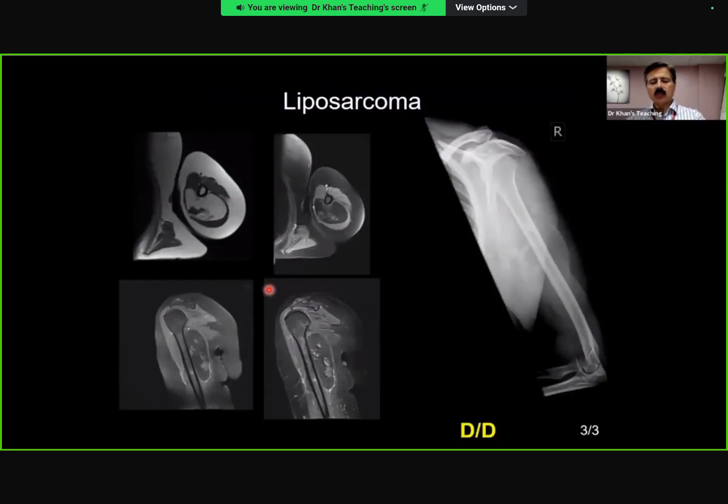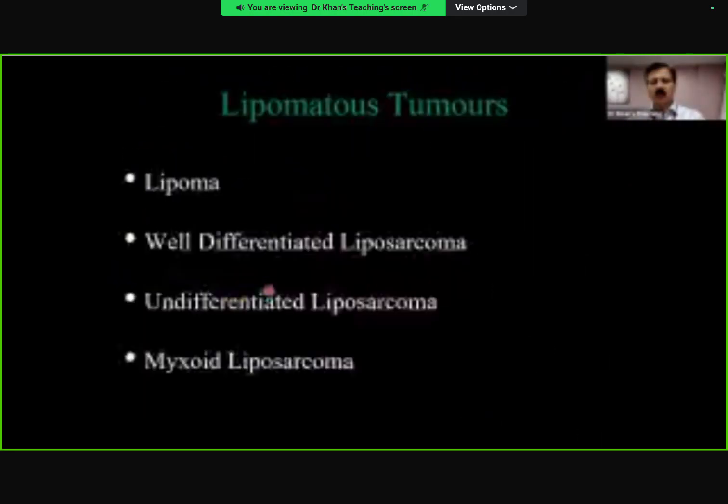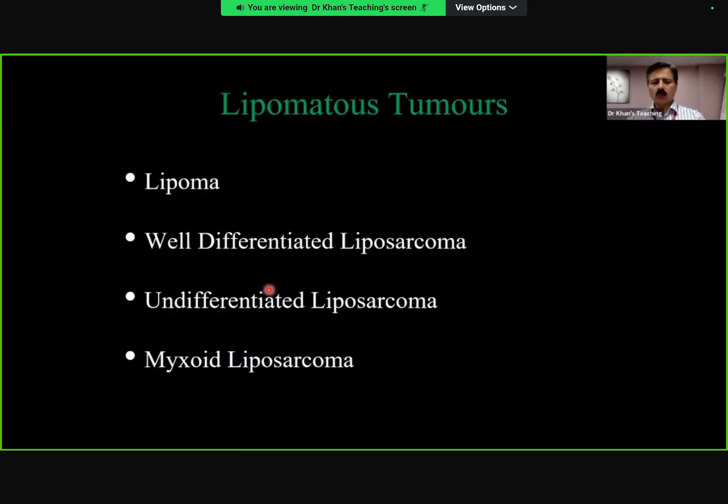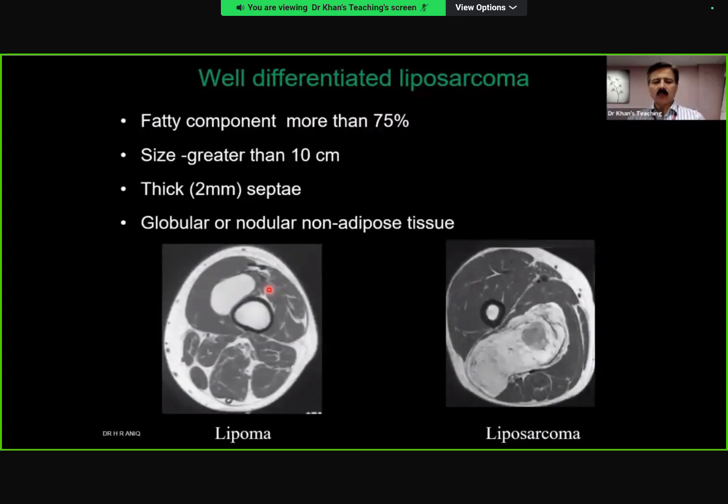Liposarcoma per se has come in the exam, and the basic concept is it's a huge subject in radiology, which is beyond 2B. So don't overload yourself. The point to remember is that beyond lipoma, there can be what we call well-differentiated liposarcomas versus undifferentiated or myxoid liposarcomas.